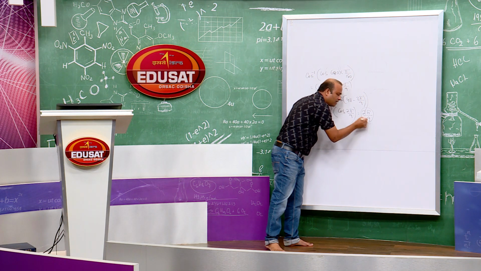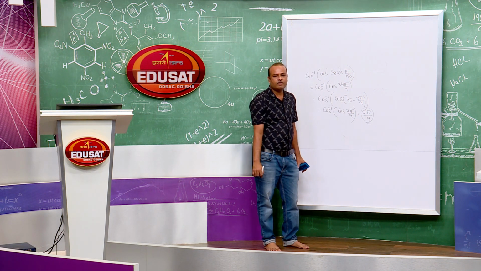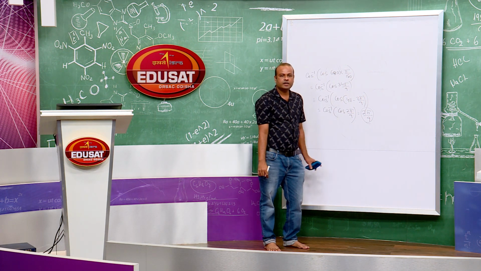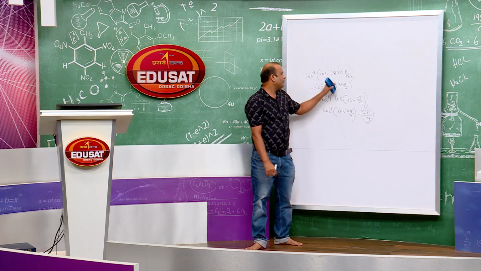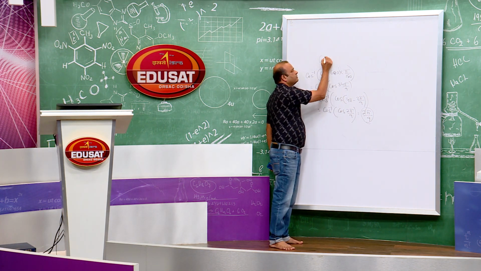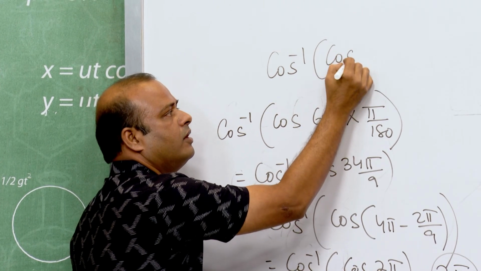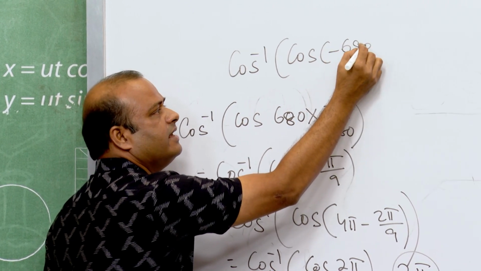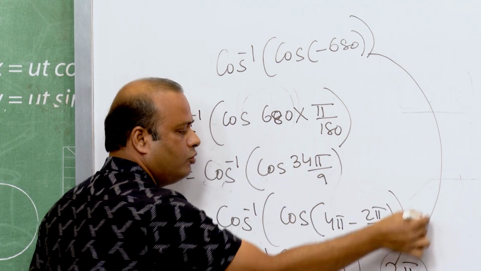So the value of cos inverse cos of minus 680 is 2 pi by 9.